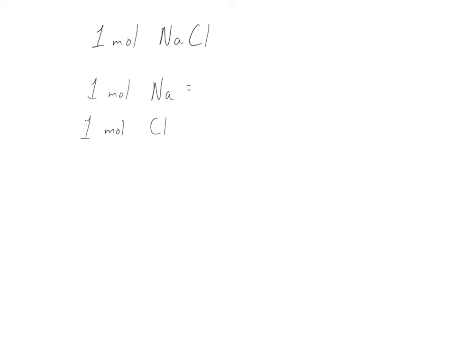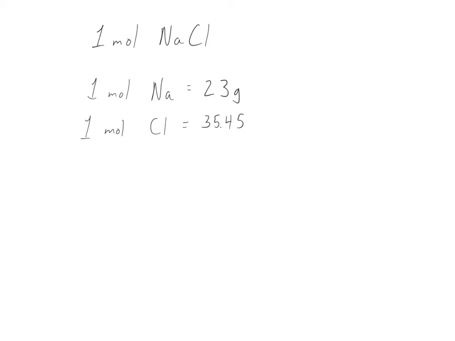For a mole of Na, I'm just going to look it up on the periodic table like anything, and it's about 23 grams. And then I'm going to look up chlorine on the periodic table, and 35.45.